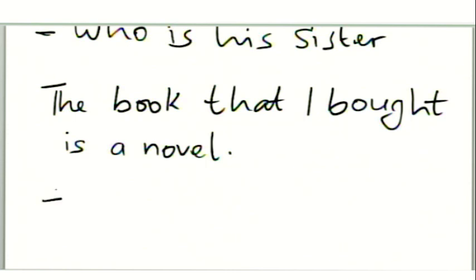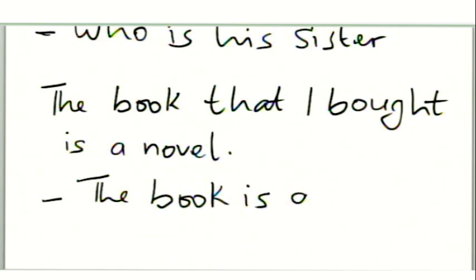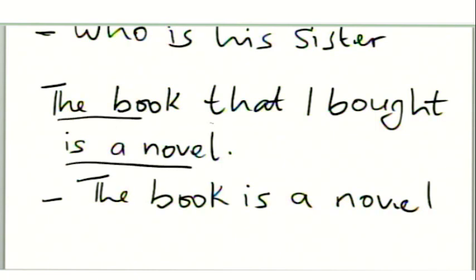If you want to extract the two clauses, we know there are two ideas here. The book is a novel. And then, so we have it here, in between: that I bought.